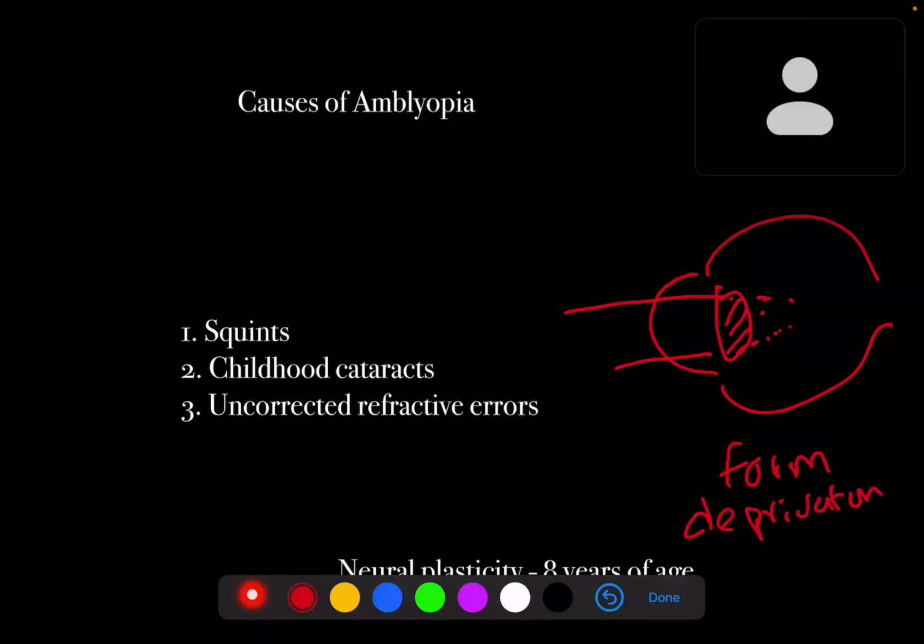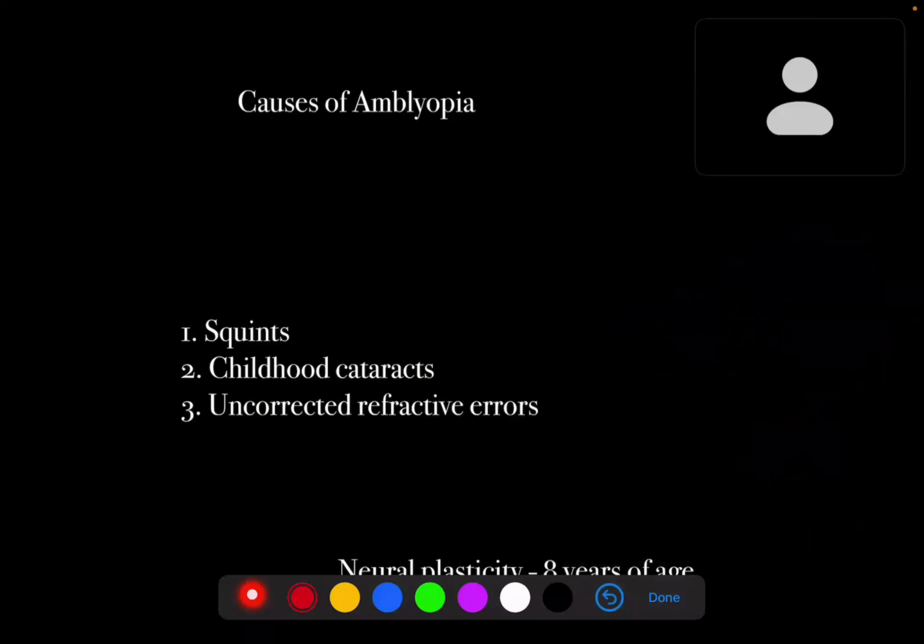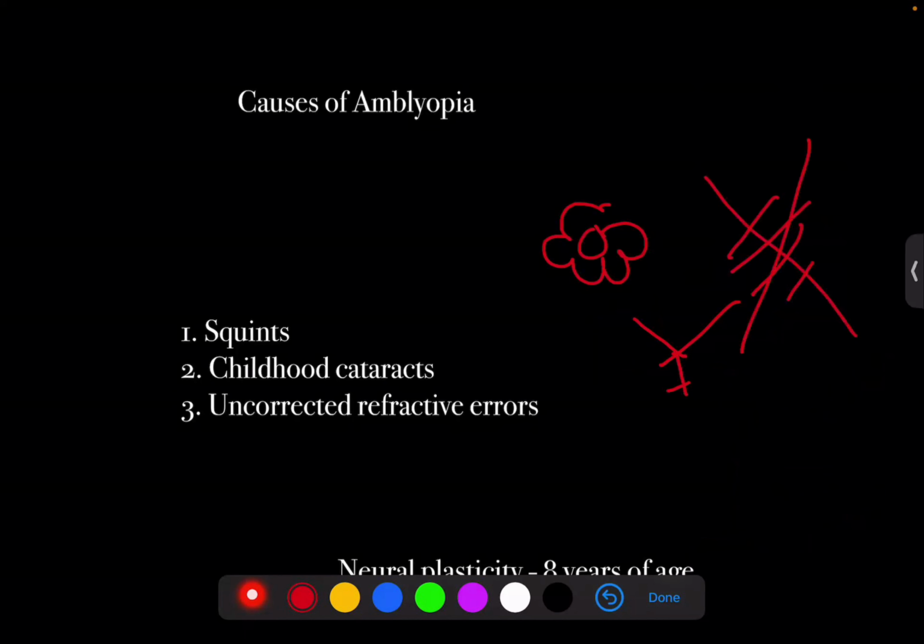So when there's no form, no light, it will remain astigmatic, hypermetropic, and again the eye will have a problem. The problem is it cannot fuse the two images together. There will be one eye with a proper image, the other one with no image. Since these cannot be fused together in the brain, this one has to be ignored. So again, this will also cause amblyopia.